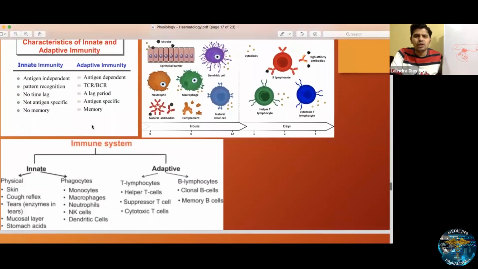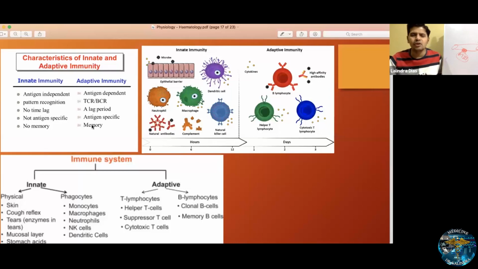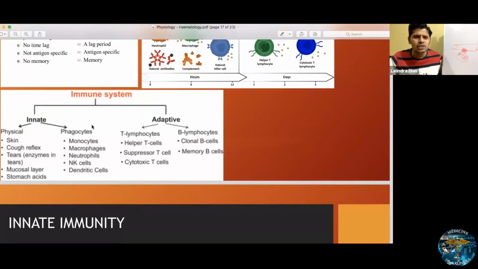I think this beautifully explains all you want to know about the white cell types and their defense mechanisms. Another nice picture of the immune system. It can be either innate or adaptive. Innate immunity can be physical or phagocyte mediated.